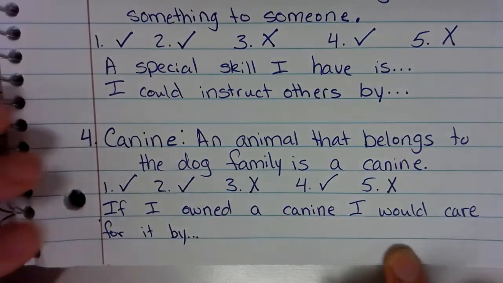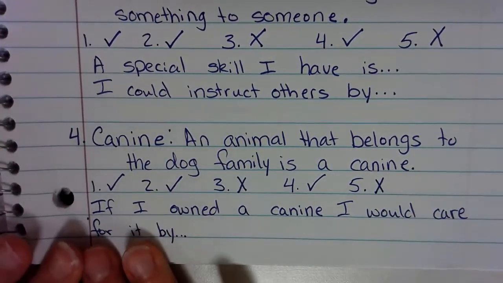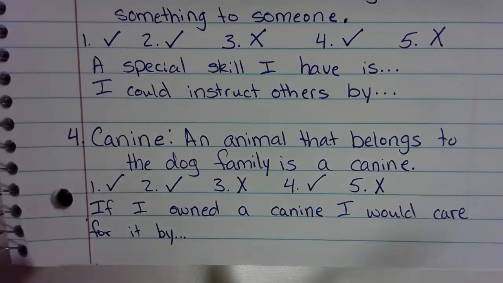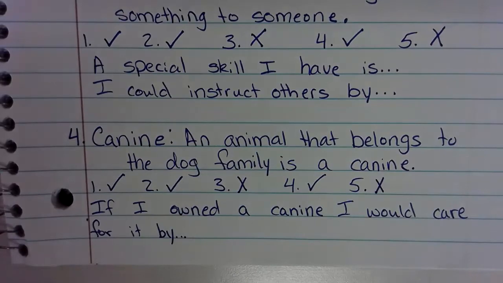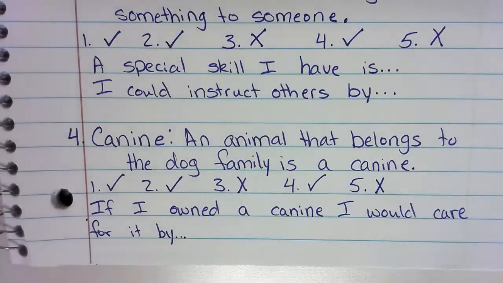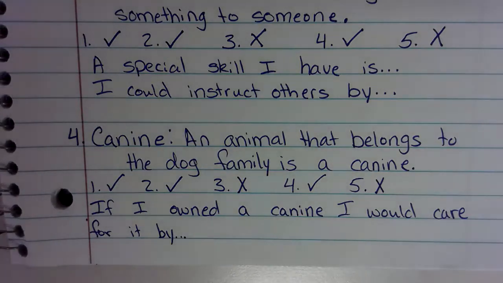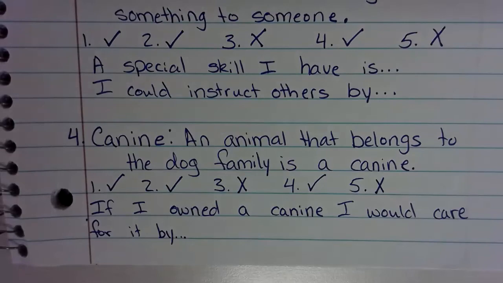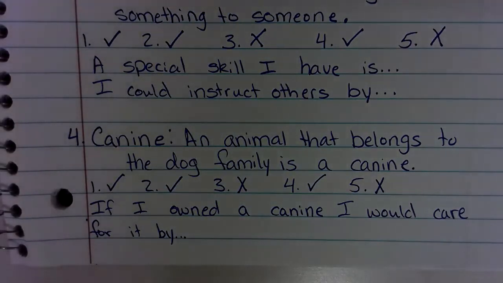Then you would continue the sentence. You don't have to use my sentence starter if you don't want to, but if you were having trouble starting your sentence, this is a great way to start your sentence. You're telling me, if you owned a canine, what would you do to care for it? Pause the video if you need more time. It's nice when we write nice, detailed sentences.